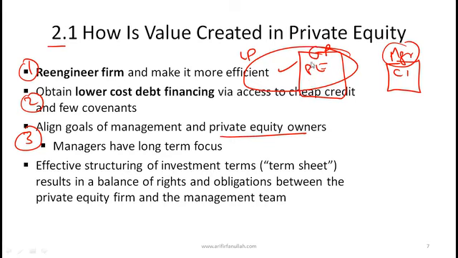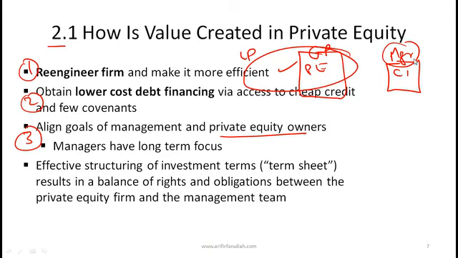So the point here is to minimize any agency costs, a term that should sound familiar, by aligning the goals of the limited partner and the manager, or aligning the goals of all the investors or the private equity owners and the managers. How do you think this generally happens?